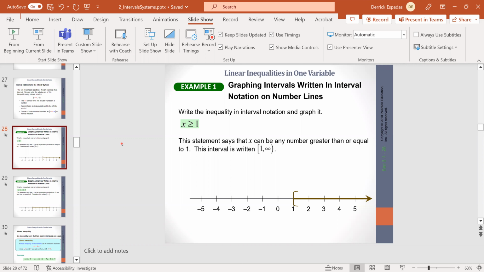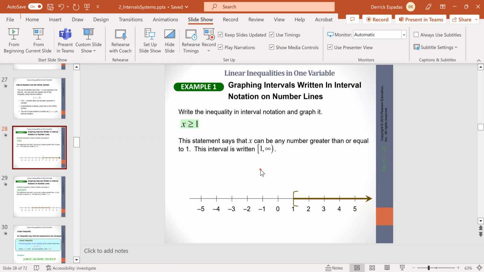Okay, so that means x is a number bigger than 1 or equal to 1. So that means it could be 1. All right, so 1 and then all the numbers on a number line to the right. So we would go ahead and write that in interval notation as bracket.